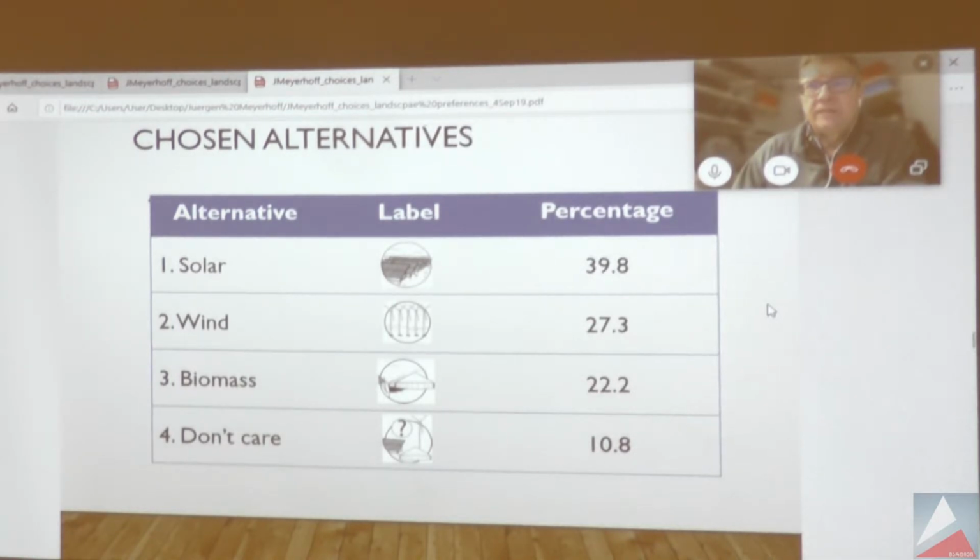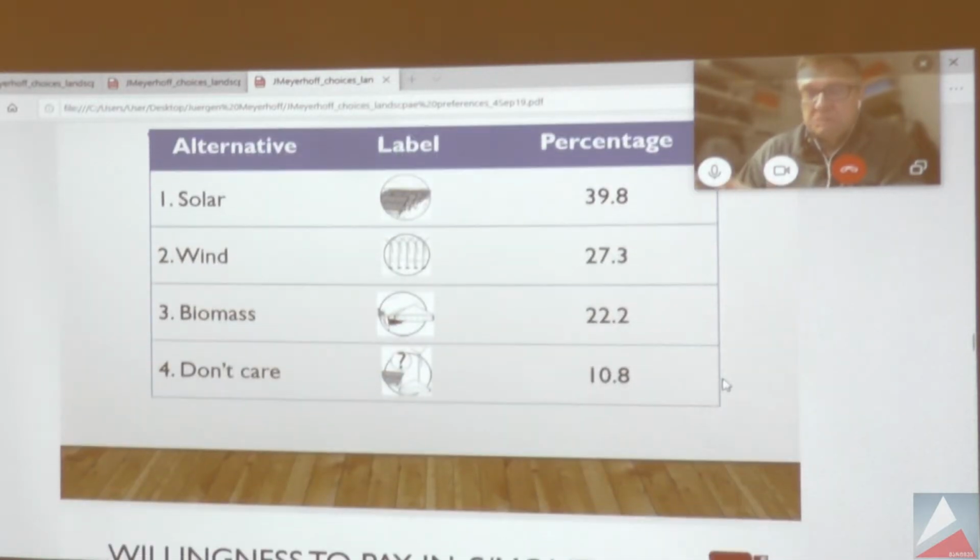Then the second one is wind, 27%, followed by bio, 20%, and finally, 11% responded don't care. It means that the majority of people still care about what kind of renewable energy they would have in their surroundings.